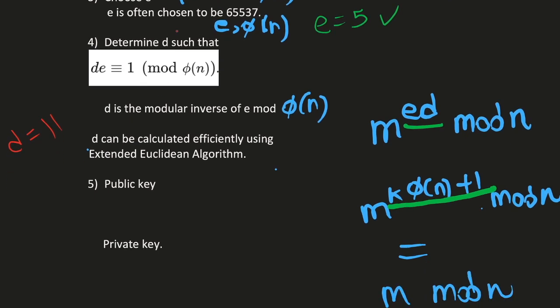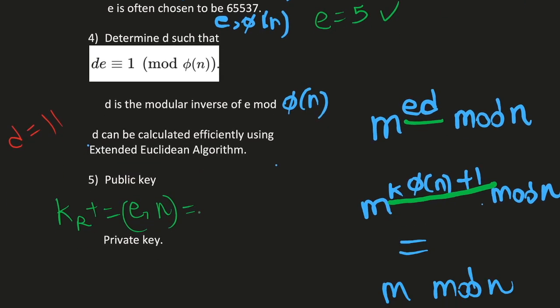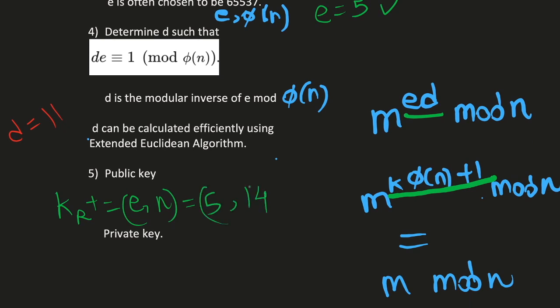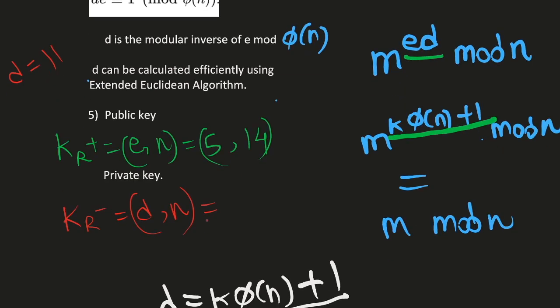So our public key is basically just E, N, and this is actually 5, 14, and we also found out D, N, a private key known only to us, and that is 11, 14.